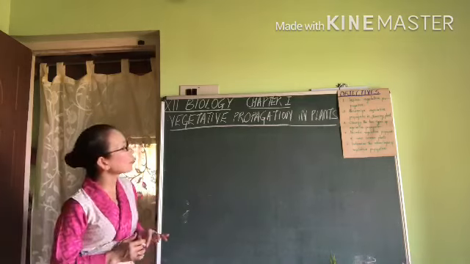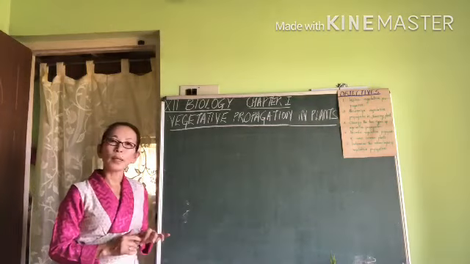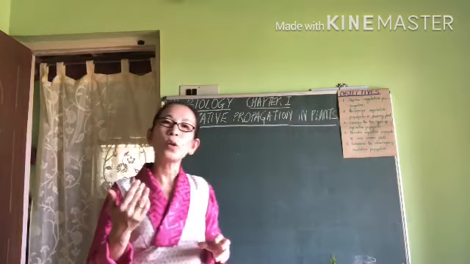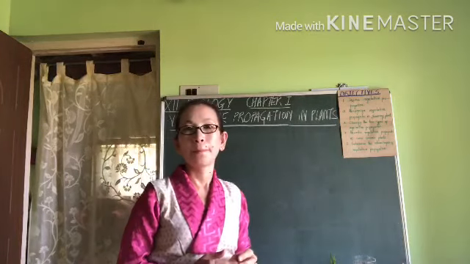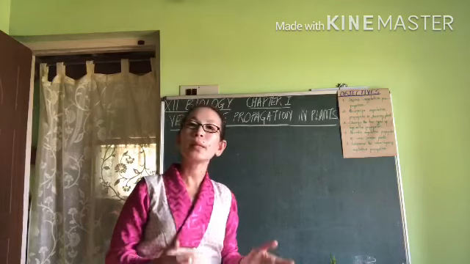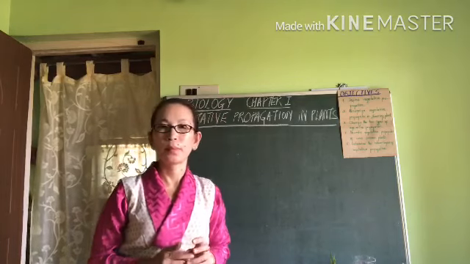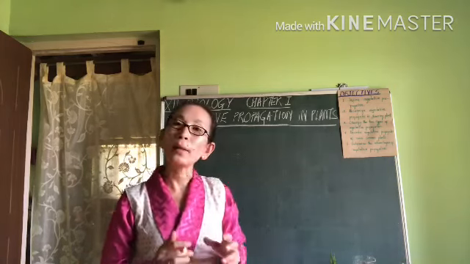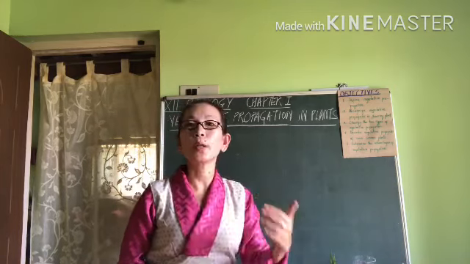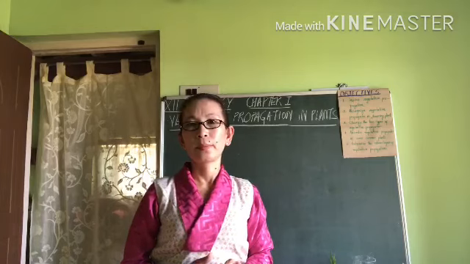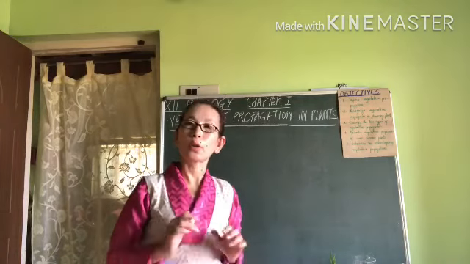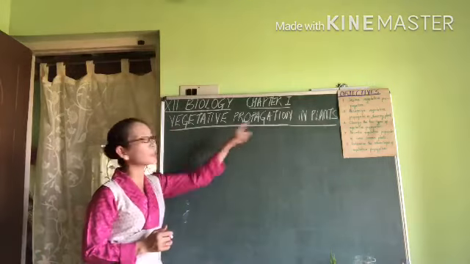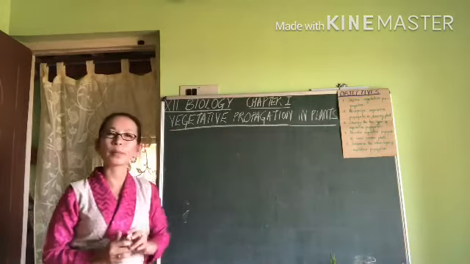So in flowering plants, commonly what we notice is if we have to grow a new plant, we basically think about the seeds. But do we require seeds all the time to produce a new plant? Absolutely not. The reason is because we also have vegetative propagation in these flowering plants.